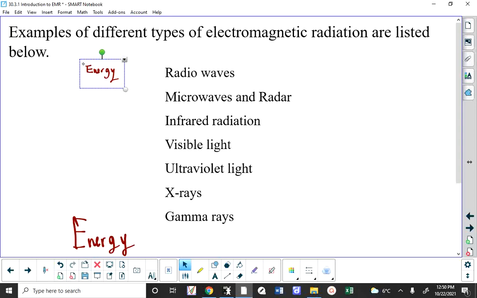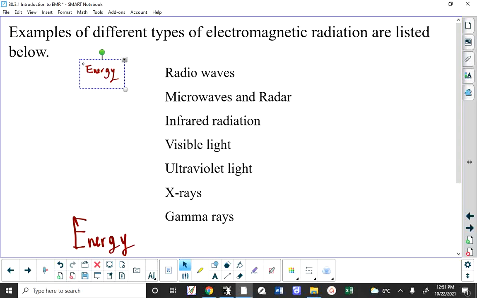I don't know how you would even measure this, but if you had a certain amount of X-ray radiation in front of you, which is a ludicrous idea because it moves at the speed of light and you can't trap it, but if you had a certain amount of X-ray radiation and a certain amount of visible light radiation, the X-ray radiation would have more energy. Okay?